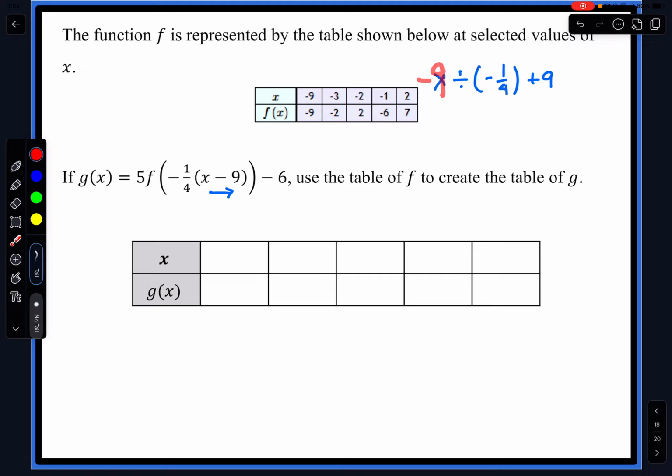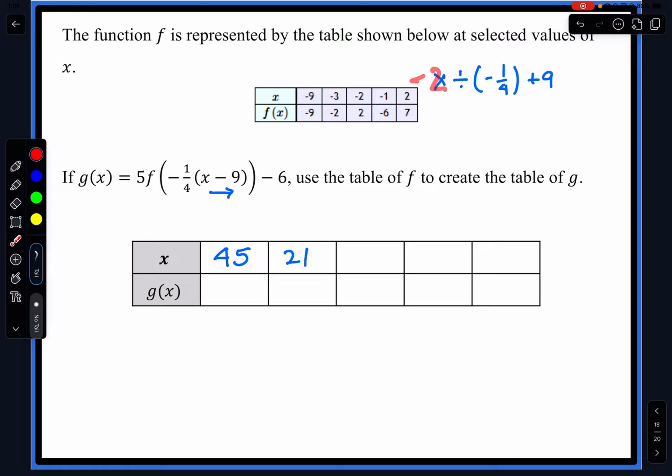Starting off with negative 9. Negative 9 divided by negative 1/4, well, that's going to be positive, and 9 divided by 1/4 equals 36. So 36 plus 9, that's a total of 45. Moving on to the next number, negative 3 divided by negative 1/4 is a positive 12, plus 9, that's 21.